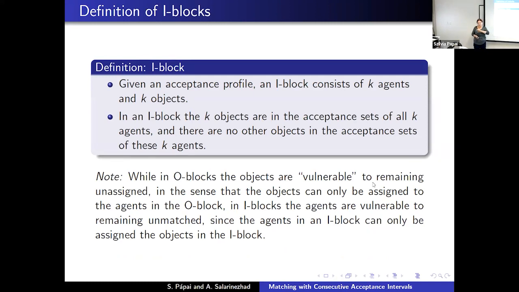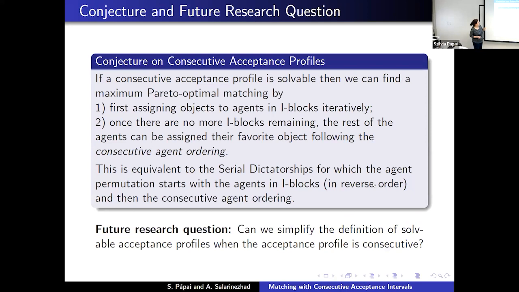The agents don't have other objects in their acceptance set, just these key objects. So the agents will only be assigned objects if they get these key objects. The name basically reflects who is vulnerable, in that sense of remaining unmatched. And so this is a conjecture.